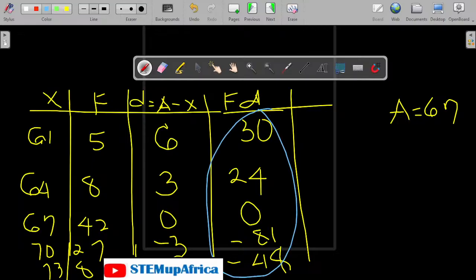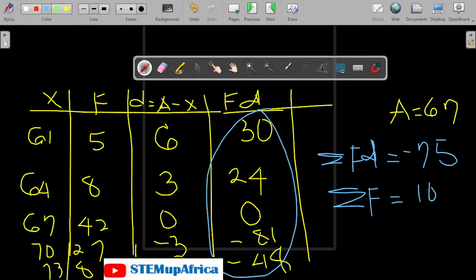So my summation FD will be 30 plus 24 plus 0 plus minus 81 plus minus 48. That will give us minus 75. Then summation F, total frequency, is 100. You can add everything here together and it will give you 100.